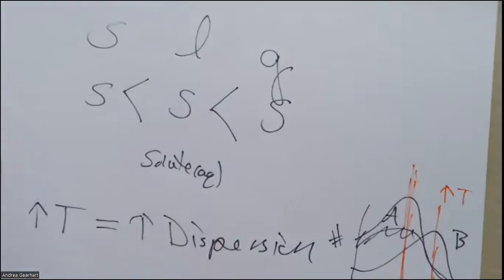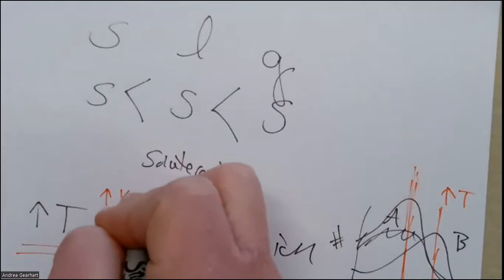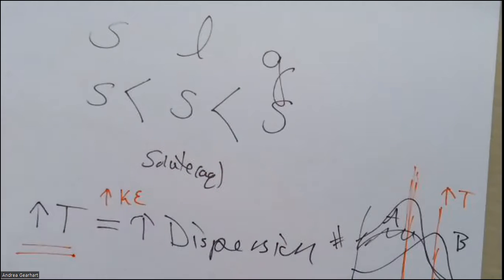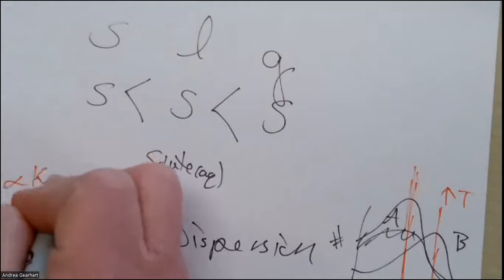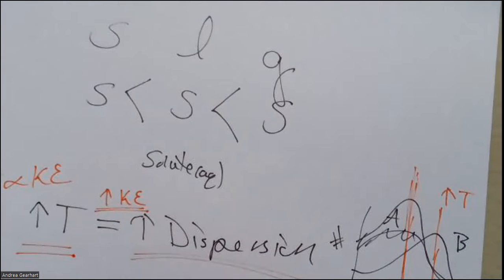And we can just say, okay, the greater the temperature, the greater the kinetic energy. We know temperature and kinetic energy are directly proportional. The greater the kinetic energy, the greater the dispersion. We are okay to just make that association. Even if they're in the solid state, you're going to have the most wiggling.